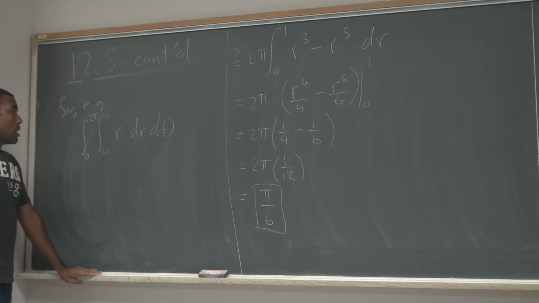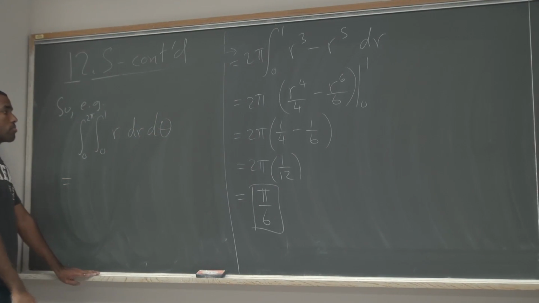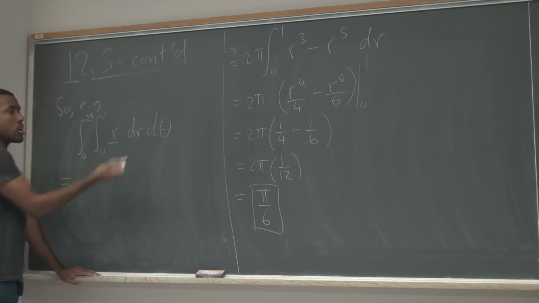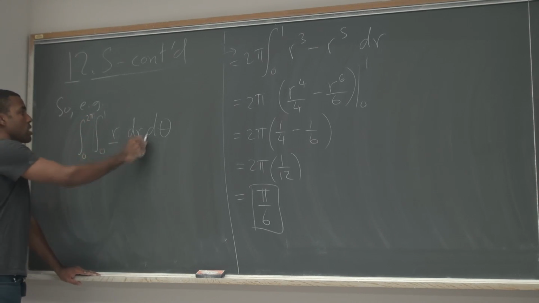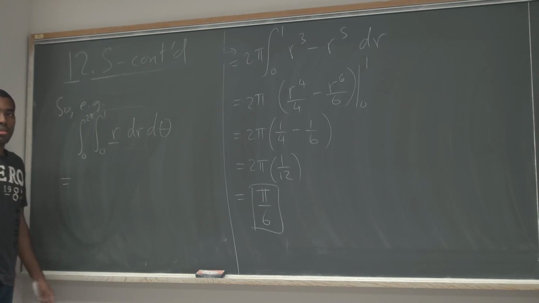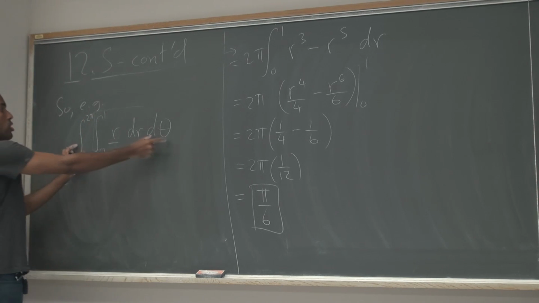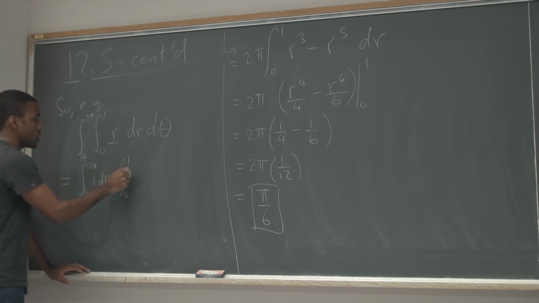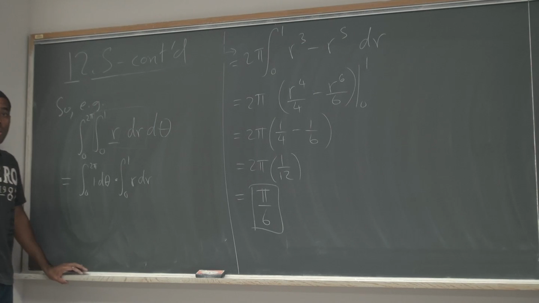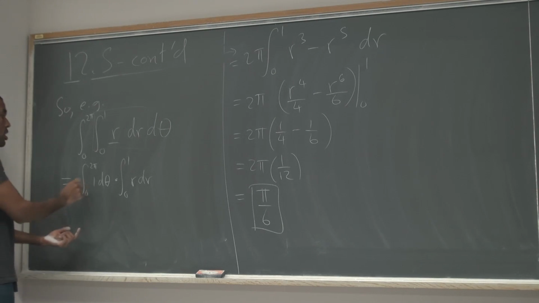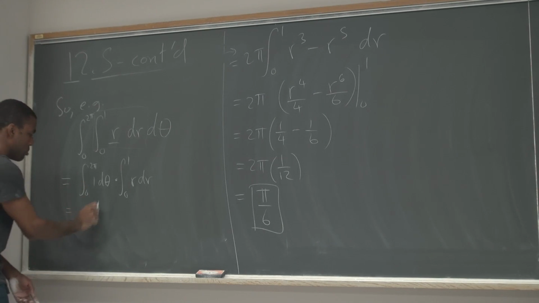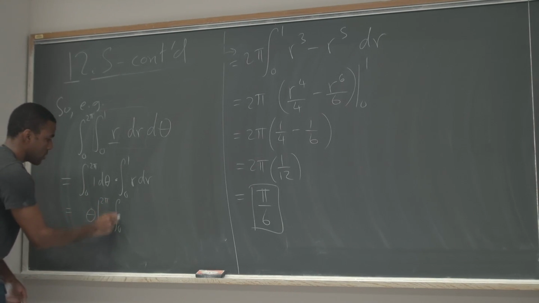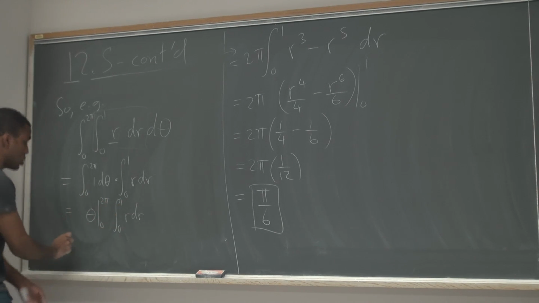I can sort of think of this as, see, there's just r's here, which means my dr integral, I can just think of it on its own. There are no thetas, so as far as theta is concerned, it's a constant. I can literally factor this out. I can think of this as 0 to 2 pi of 1 d theta times 0 to 1 of r dr. Integral of 1 is just theta, so that would just be theta between 0 and 2 pi, which is just 2 pi.